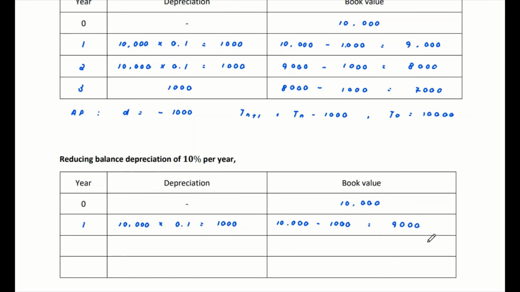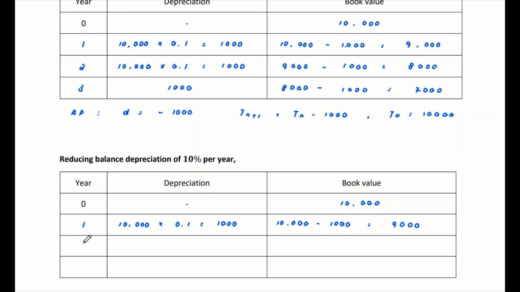Remember this very clearly. If you didn't continue to year 2 and year 3, just by looking at this value, you wouldn't be able to differentiate whether the depreciation is flat rate or reducing balance, because this is 9,000 and this is also 9,000. The difference will actually happen after the second term.